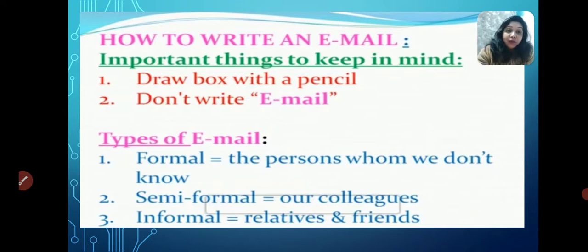Semi-formal means we are writing to our colleagues, people who are in day to day touch or connection. Informal means we are very free when we write to our relatives and friends. All these come under the category of informal email.